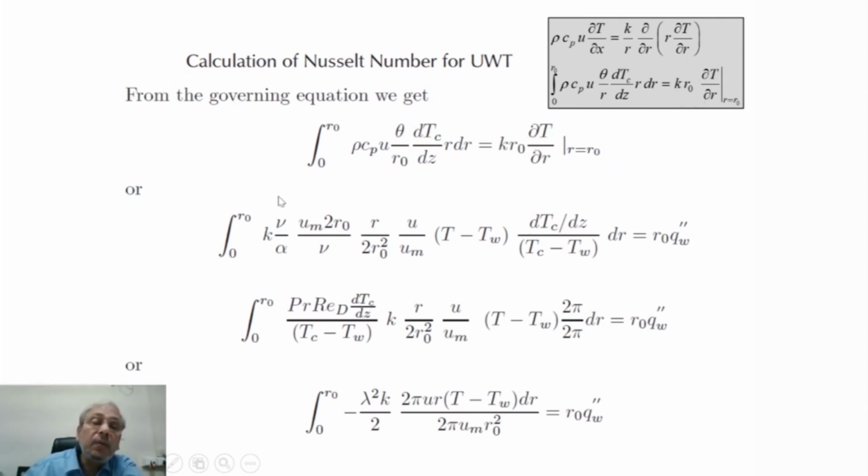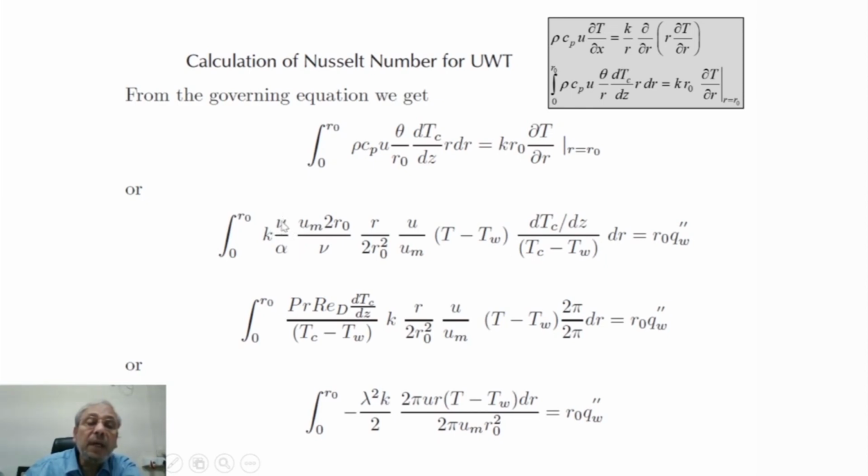Now we try to rearrange these terms. We bring in k, and we also bring in nu. Since k comes at the numerator, at the denominator one k comes, and k by rho Cp becomes alpha.